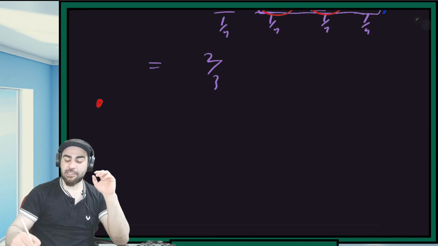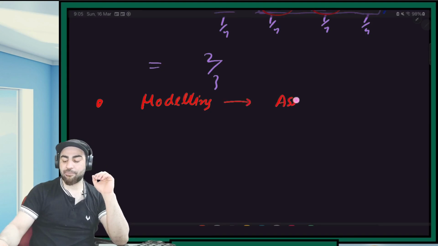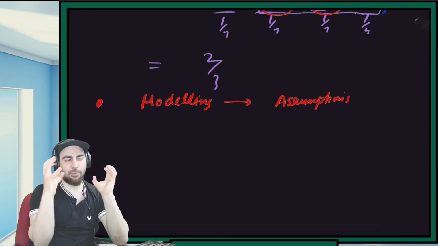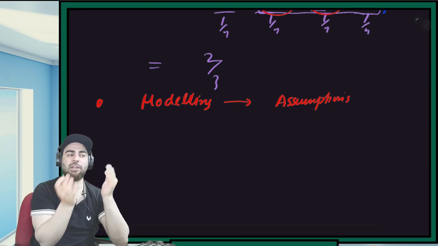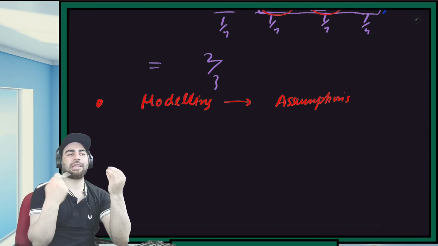Now the lessons that I told you here. The first thing is, it depends on modeling. How do you model the problems? It depends a lot on modeling, and modeling depends on the assumptions. When you see a probabilistic phenomenon, you have to model it somehow in order to reach the result. In order to model it, you should know the assumptions that you are making.